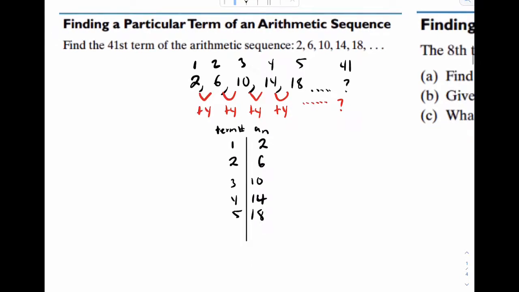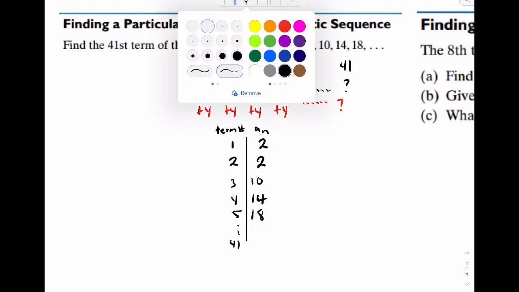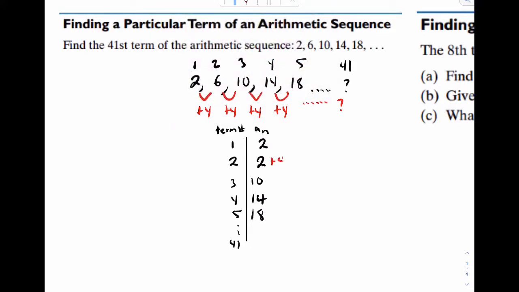So I'm just reorganizing it. Dot, dot, dot, 41. What we're going to do now is instead of writing it as 2 and 6, leave the 2 alone. The 6 is going to be 2, and we get there by adding 4. That would make your 6. So 2 and 2 plus 4.